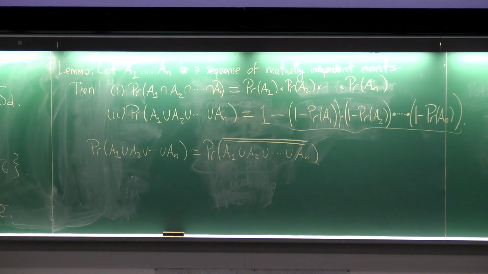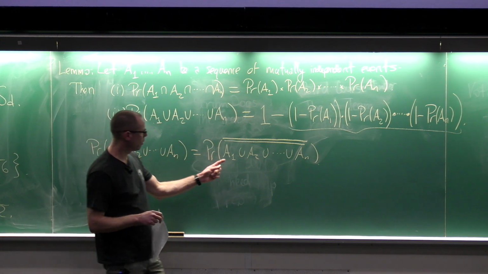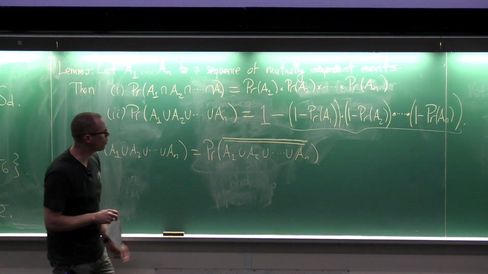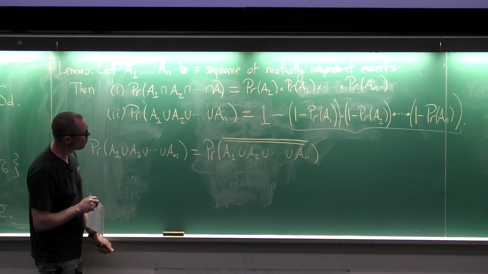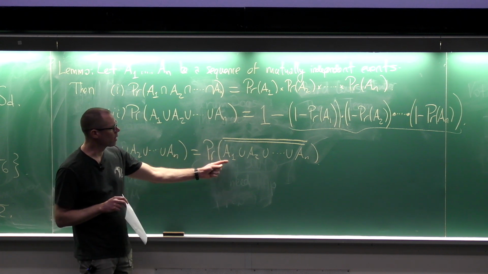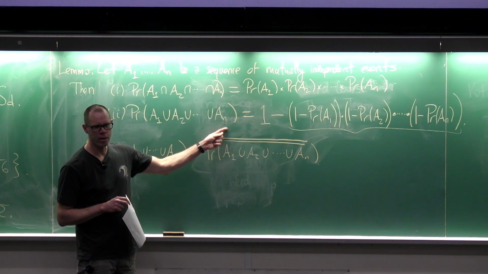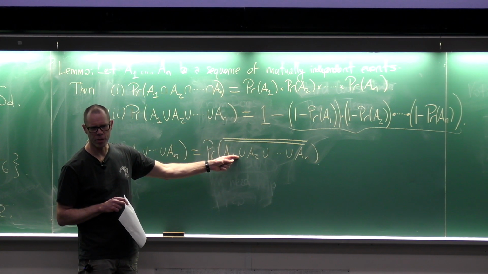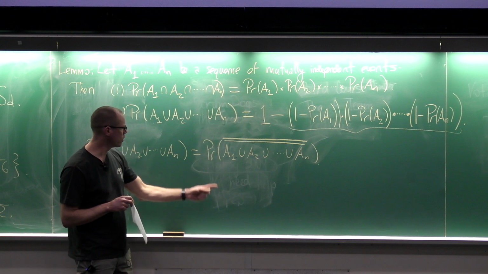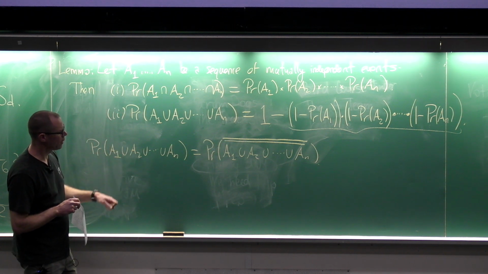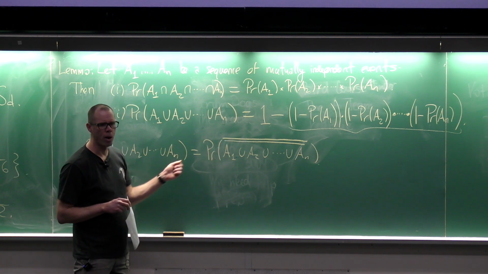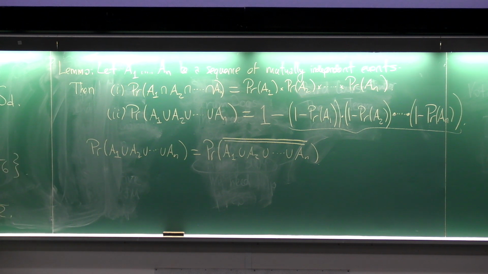I take the complement. Remember, this is just a set, the union of sets, so itself just a set. So I can take the complement of that thing, which is everything that's not in the set, and then take the complement again, which is everything that is in the set. So this is a trivial thing: take the complement twice, you get the same thing back.